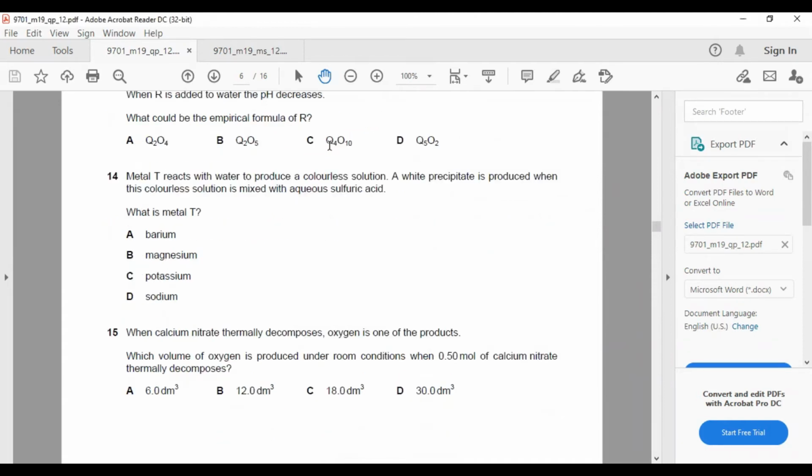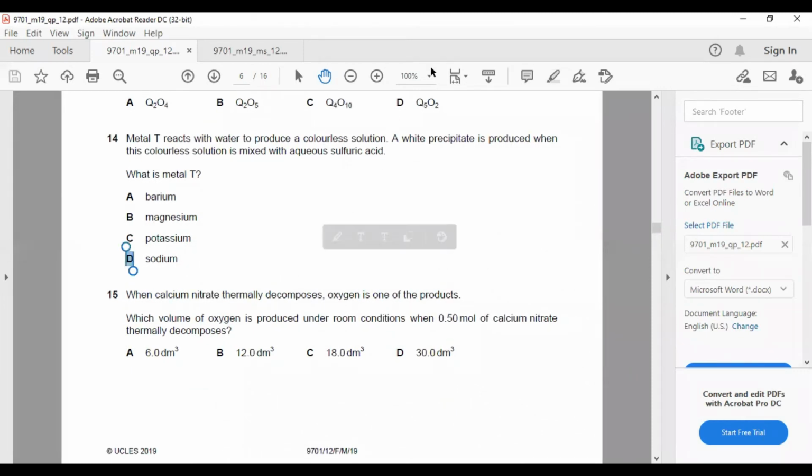Question number 14. When the metal reacts with water to produce a colorless solution, a white precipitate is produced when its solution is mixed with sulfuric acid.